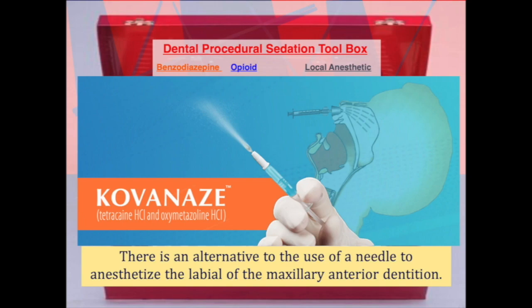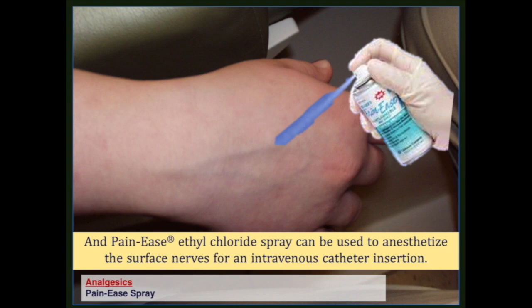Unfortunately, it's still pretty expensive for the patient who is going to have some dental work done on their anterior maxillary teeth. And then there's Pain Ease spray. We'll talk about this later, but it is just ethyl chloride that evaporates, and it will provide a real quick temporary numbness to the skin. So remember this, because we're going to talk about it toward the end of this course.